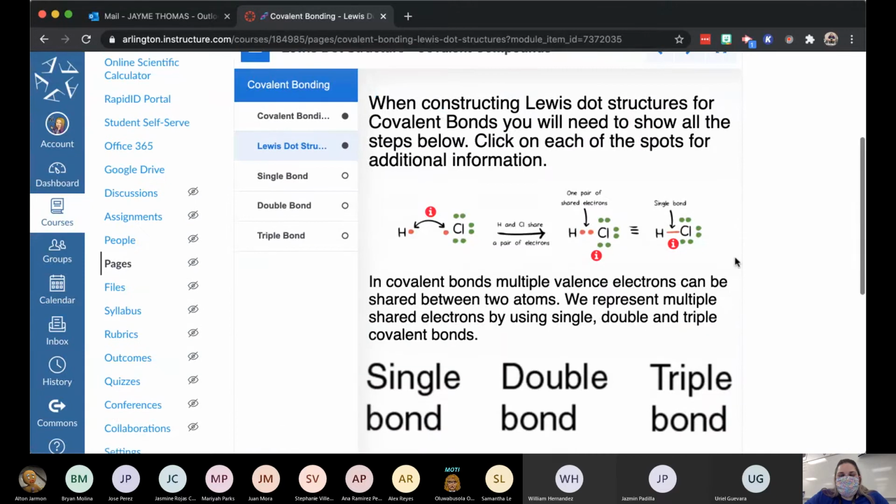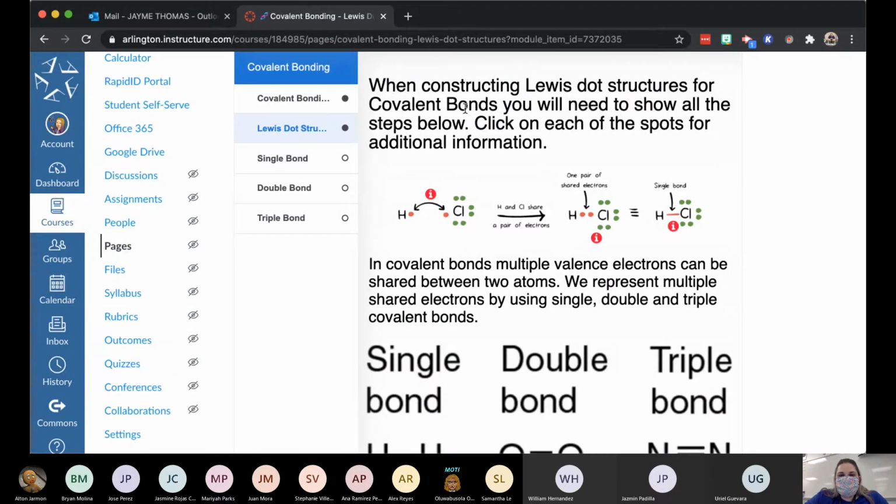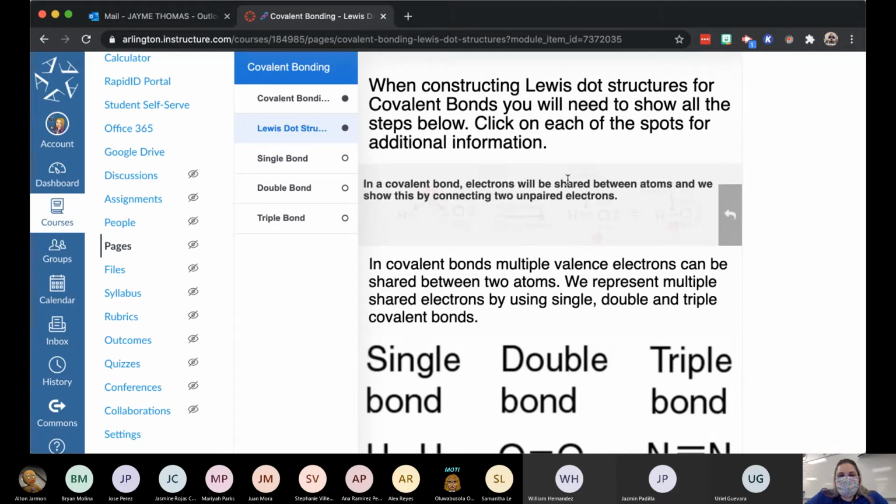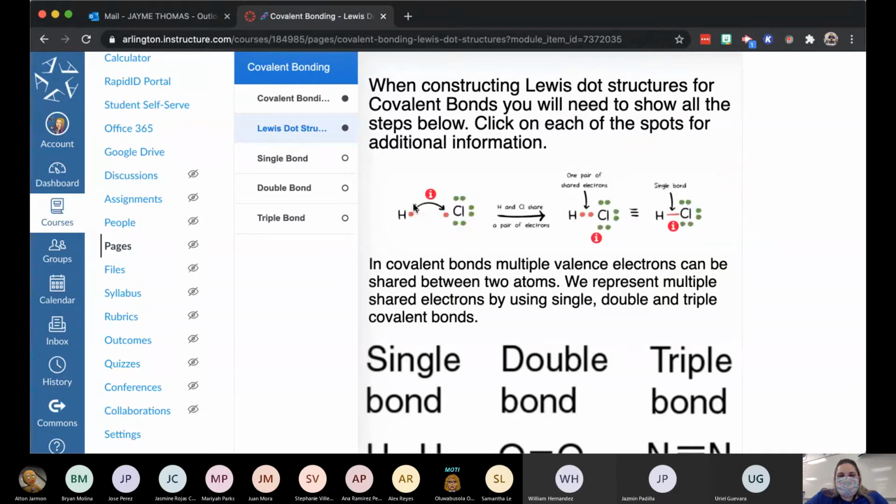All right, so when we draw Lewis-Dot structures for covalent bonds, these are the steps that you're going to have to follow. So you'll start out drawing your Lewis-Dot structures just like we did with the ionic. But what's going to happen is when the octets are trying to fill, instead of transferring, the electrons are going to be shared. And so notice that this arrow has 2 heads.